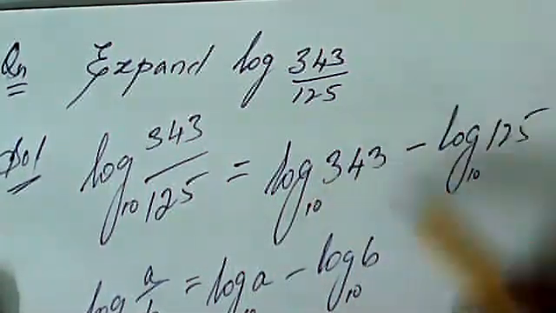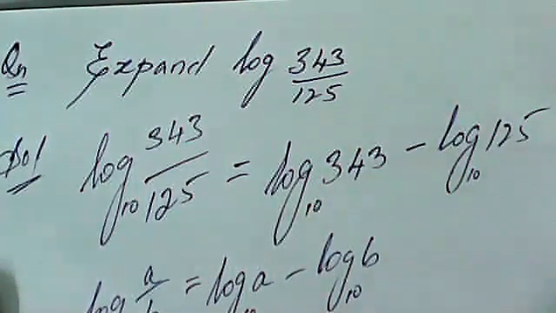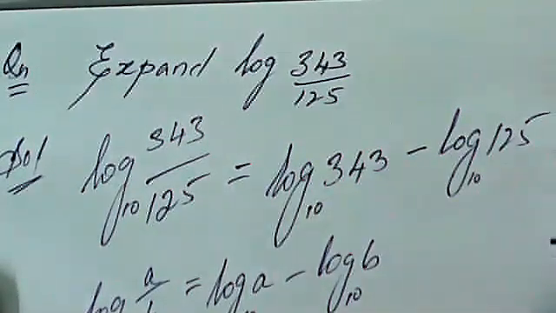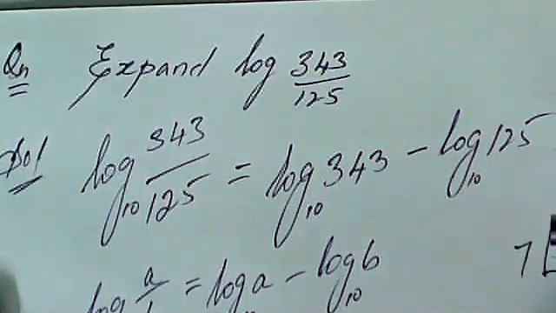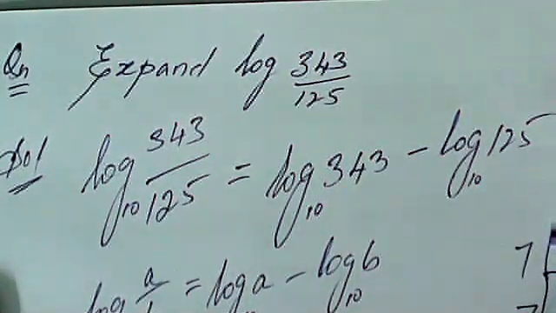So now to factorize 343, it is 7 cube. 7 4s are 28, 7 9s are 63, 7 7s are 343. So it's nothing but 7 cube.